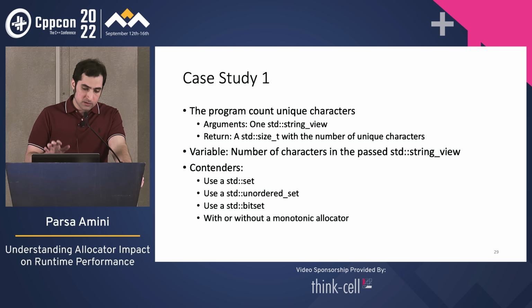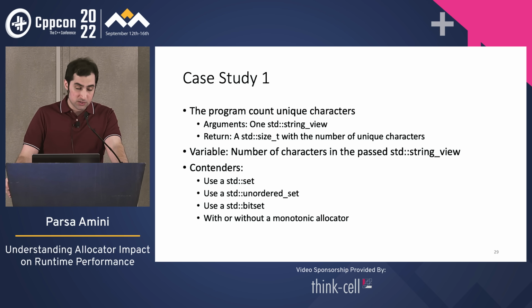The program we're using is a very simple program. It counts unique characters. You give it a string view, and it returns the number of unique characters in that string view. What's variable for our experiment is the number of characters passed inside that string view. And we use different implementations of this function.